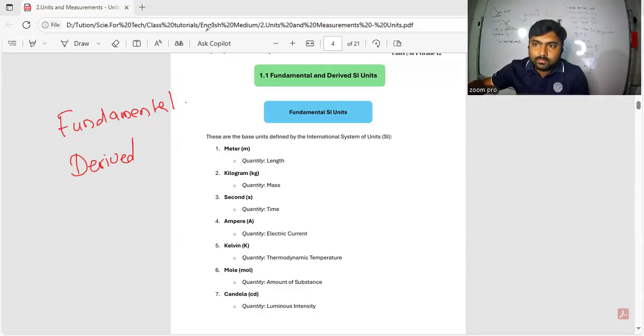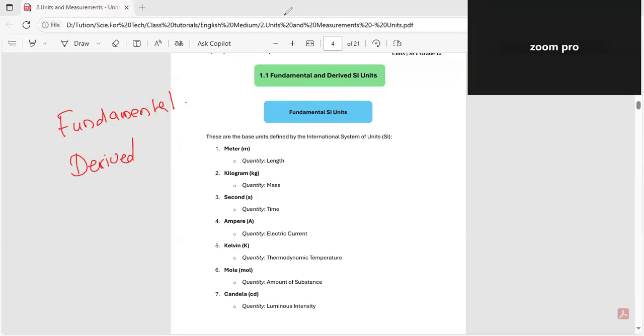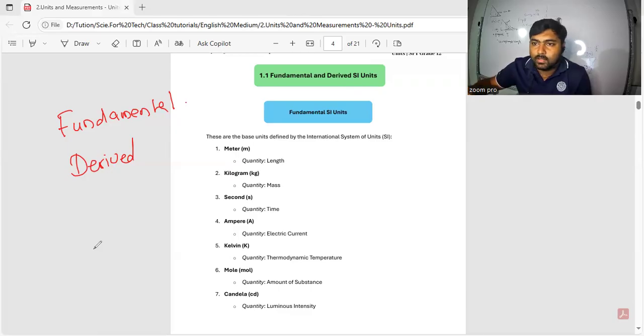Derived means originating from somewhere, no?